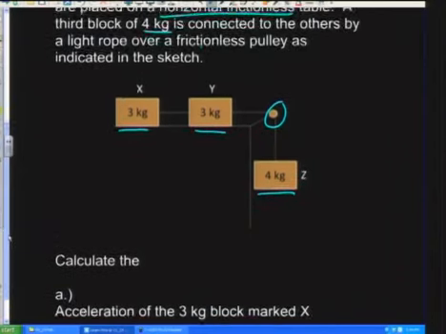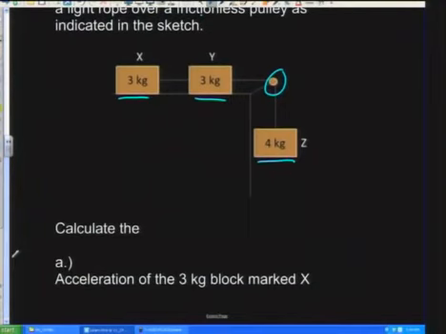What we need to recognize is that they mark the blocks X, Y, and Z as well. And the first thing they ask us is to calculate the acceleration of the 3 kilogram block marked X. So how are we going to do this?